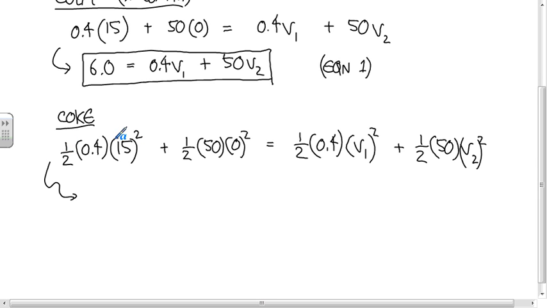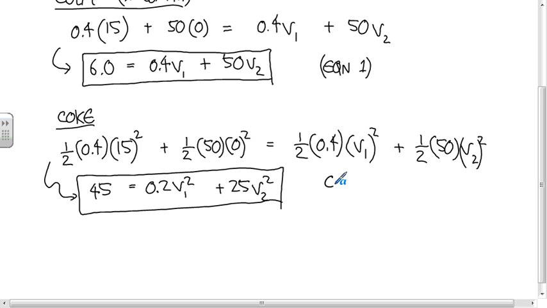And if you simplify that, you get 45 is equal to 0.2 v1 squared plus 25 v2 squared. That's equation 2.